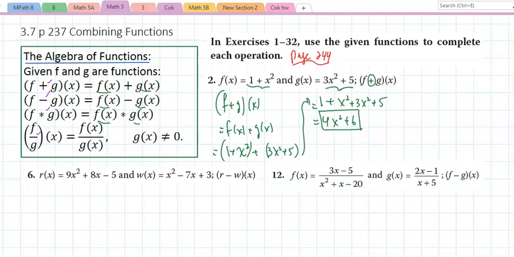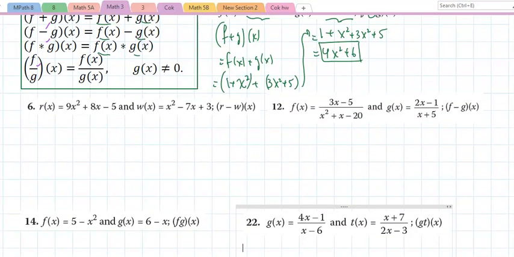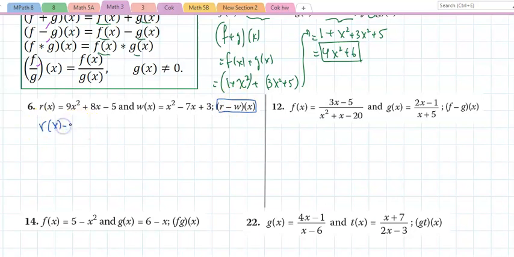I'd like to look at number 6 next. We're looking for r minus w applied on x. That's r of x minus w of x. We say that's operated on x.